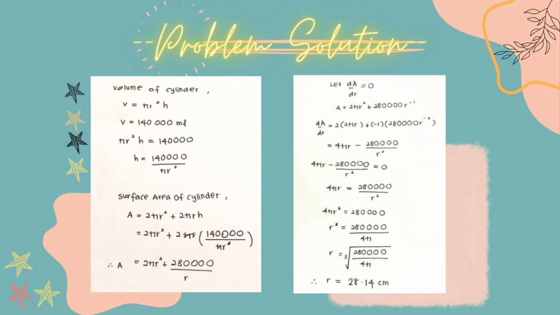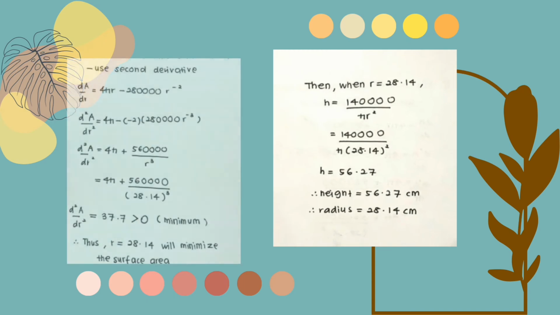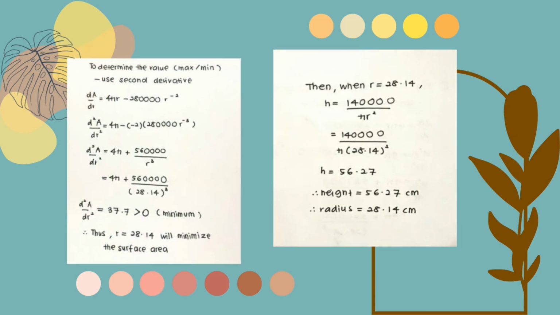28.14 centimeters. After we got the radius value, we have to determine whether it is a maximum or minimum, so we have to use the second derivative. From the first derivative, 4 pi r minus 280,000 r to the power of negative 2, we differentiate it one more time and get d squared A over dr squared equals 4 pi plus 560,000 over r cubed.